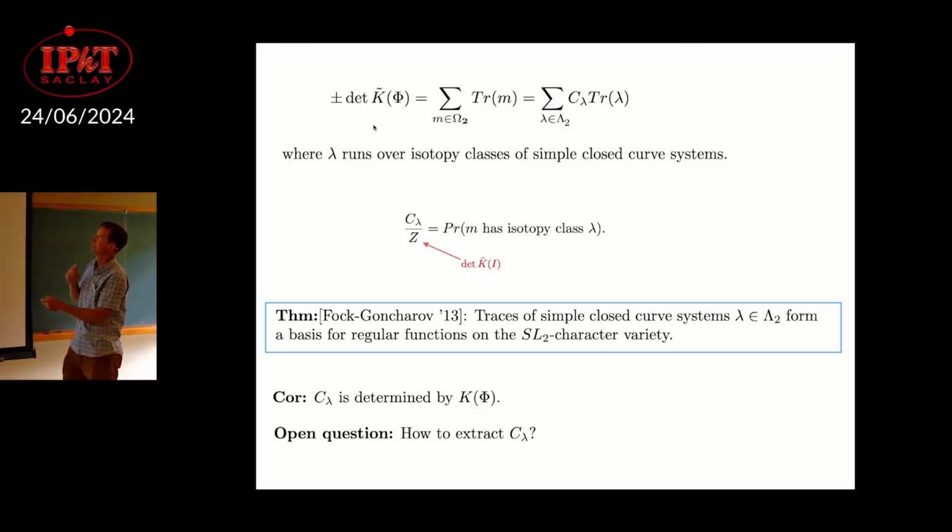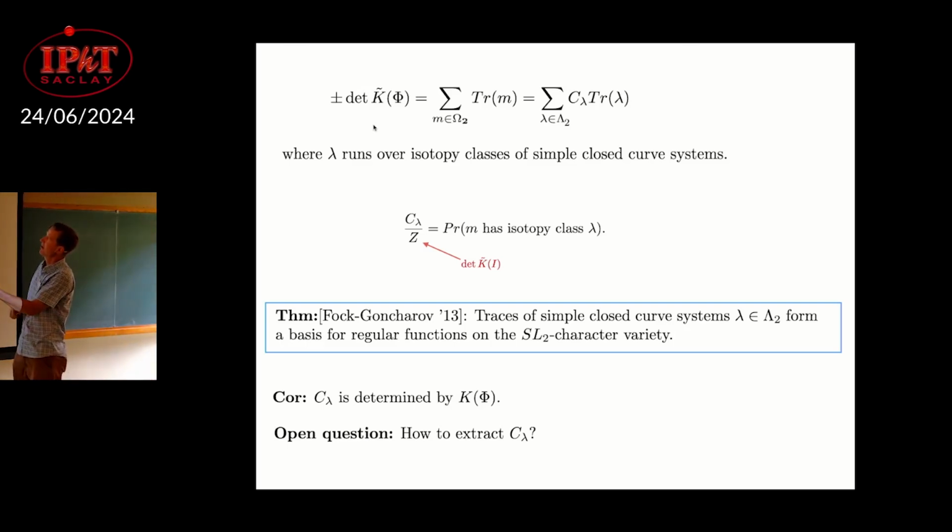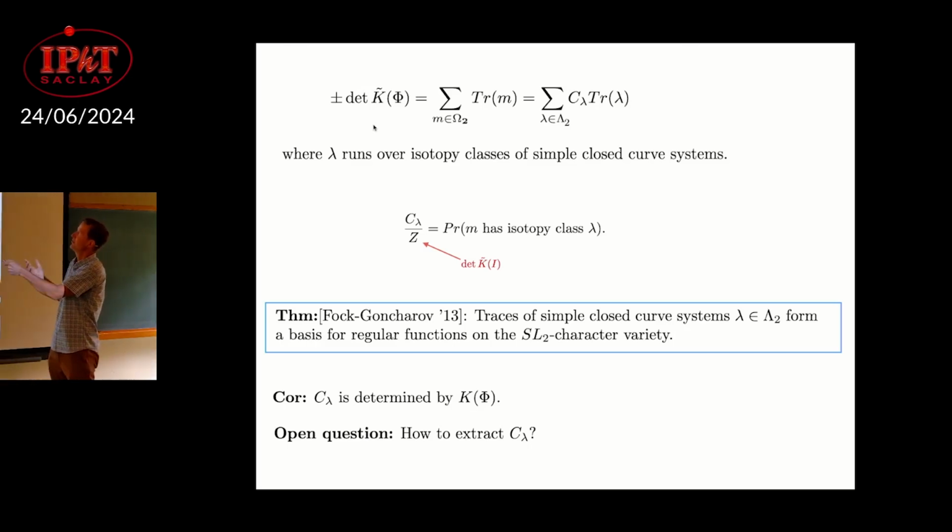Okay, so basically our determinant, which is now a sum of traces of multiwebs, if two multiwebs have the same homotopy type in the complement of the punctures, then they contribute the same trace.